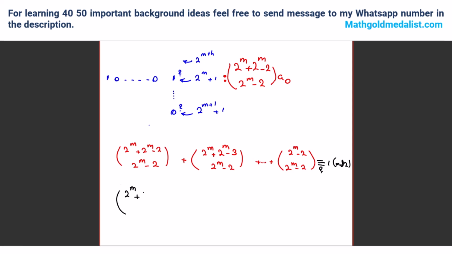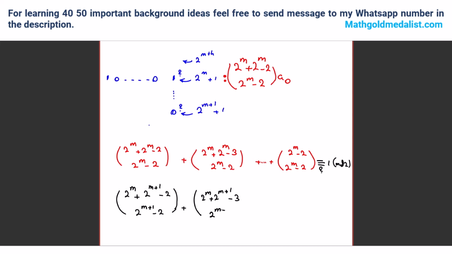This row, isn't it 2 to the m plus 1 minus 2, choose 2 to the m plus 1 minus 2, plus 1 minus 3 minus 2, right? Plus 2 to the m plus 2 to the m plus 1 minus 3.